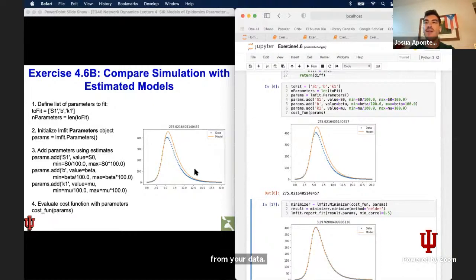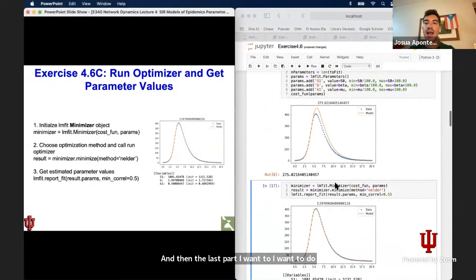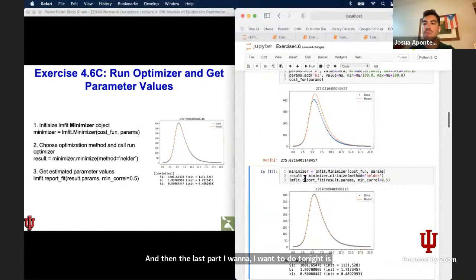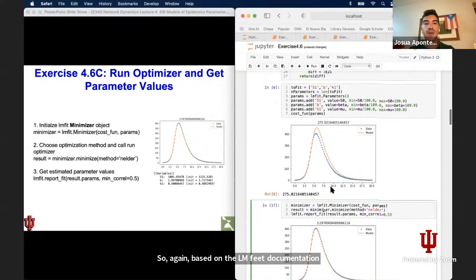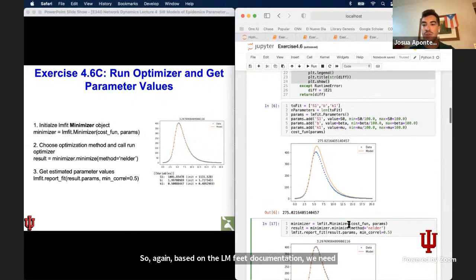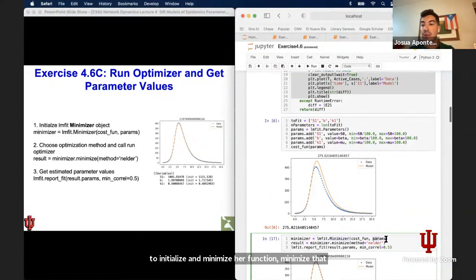Okay. And then the last part I want to do tonight is when we actually run the optimizer. So again, based on the LMFit documentation, we need to initialize a minimizer object that takes the parameters object and the cost function as inputs.